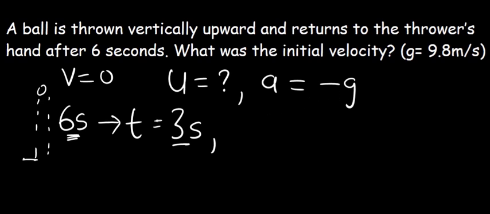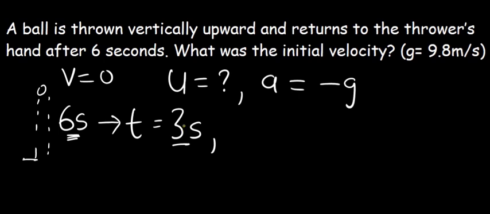So from the parameters we have, which one is not given? We have V, have U, have A, have T, but we don't have distance. Do we have distance?